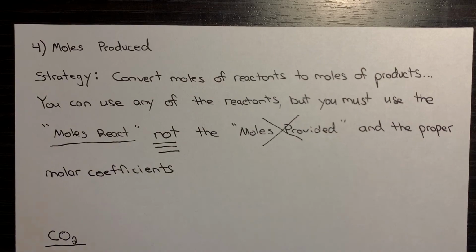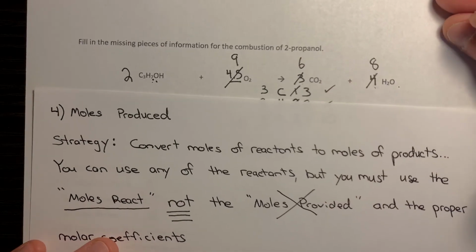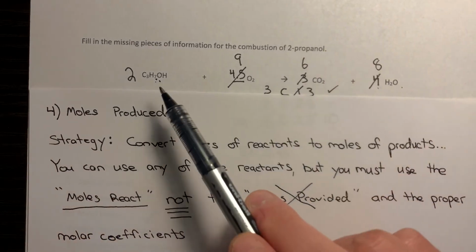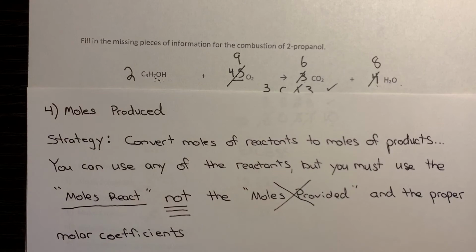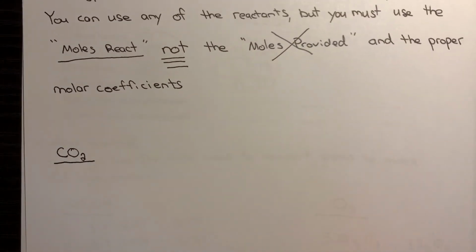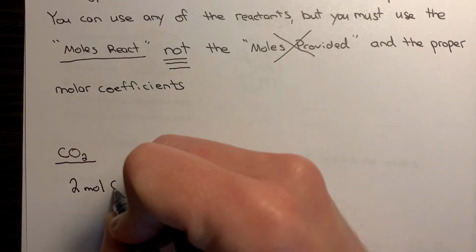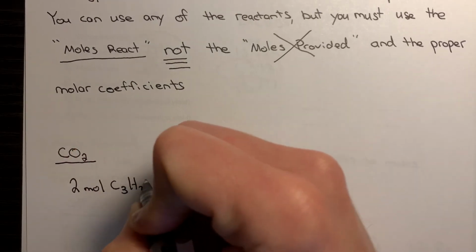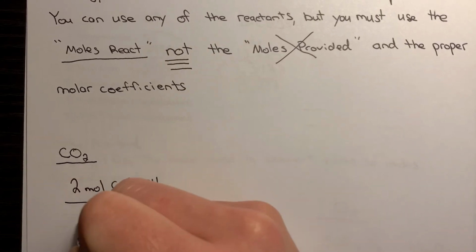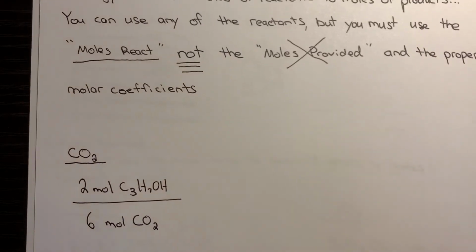So let's say I want to figure out the carbon dioxide here. If we go back to our balanced equation, to solve for carbon dioxide, let's say I want to use our 2-propanol, okay? Well, I know that per that balanced equation, it was 2 moles of the C3H7OH, the 2-propanol, to a 6 mole ratio. And again, these are the coefficients in our balanced equation.